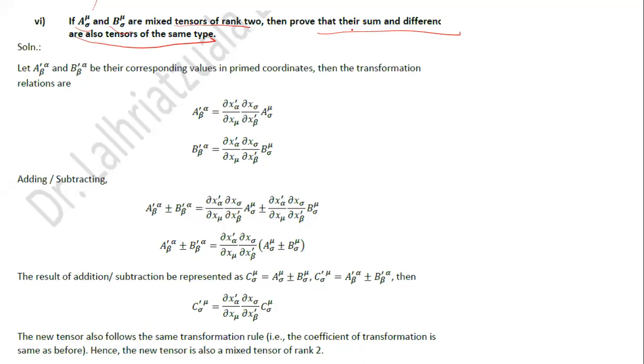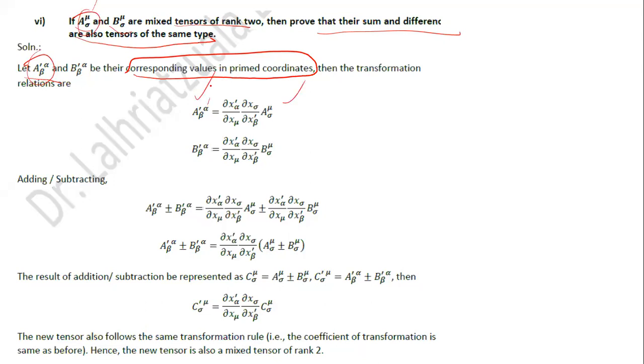This proves what is proposed in the problem. So in order to do that, we have to write the transformation relation. If we are going to write the transformation relation, we first define the corresponding values in prime coordinates as A prime alpha beta, B prime alpha beta. And now we are going to write the transformation relation between these two.